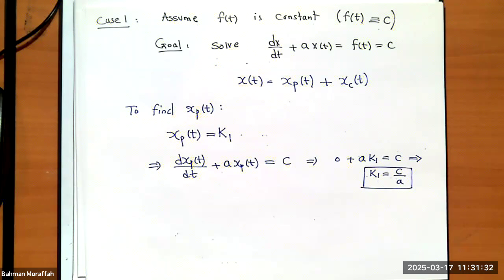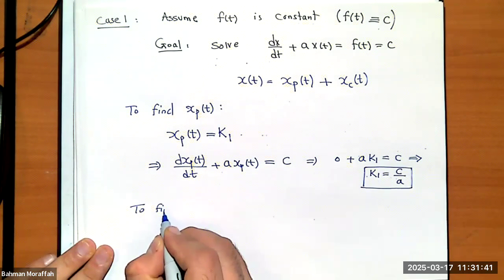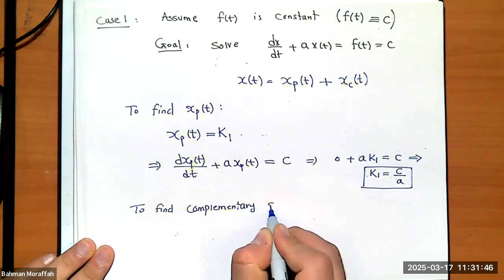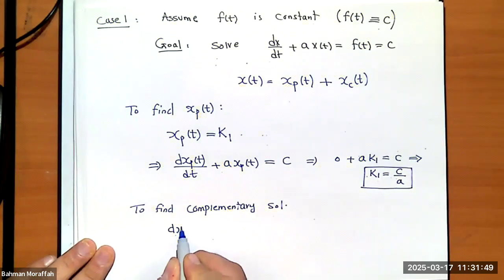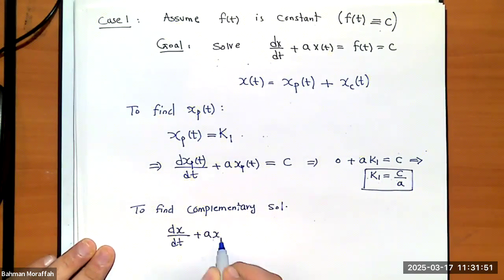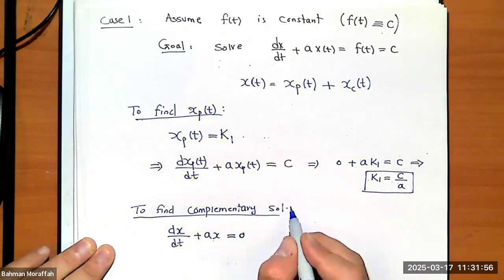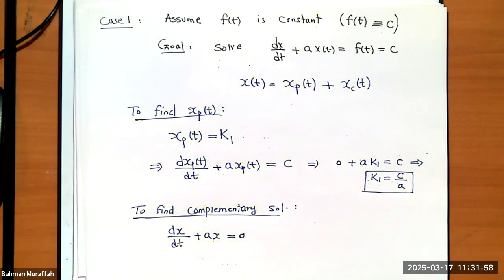Remember, the complementary solution is the solution to the homogeneous differential equation. So to find the complementary solution, we have to solve this. As I just mentioned, I can find a characteristic equation here, which is lambda plus a equals 0, right?